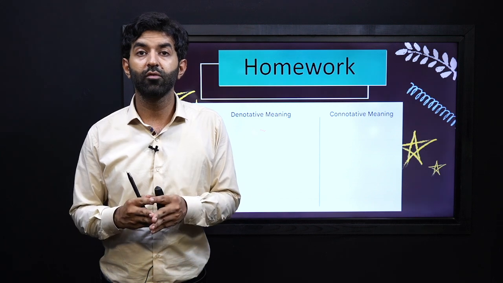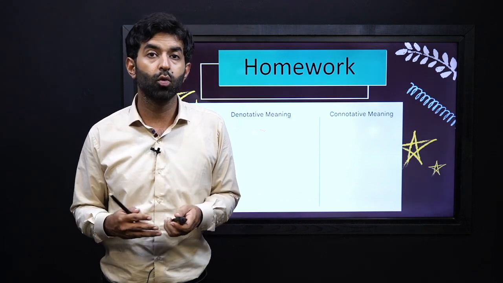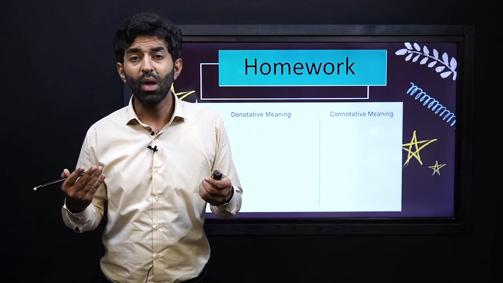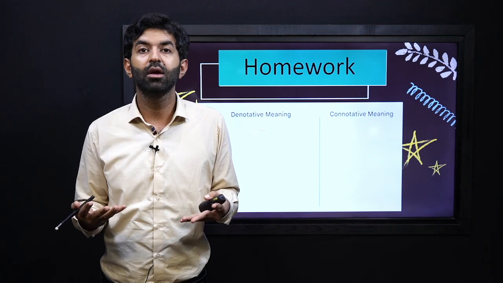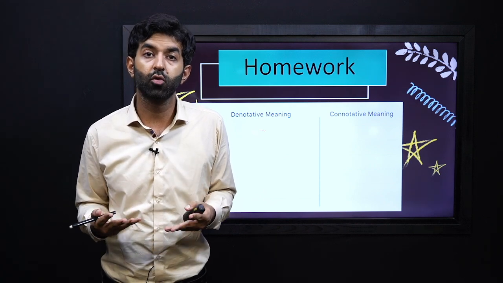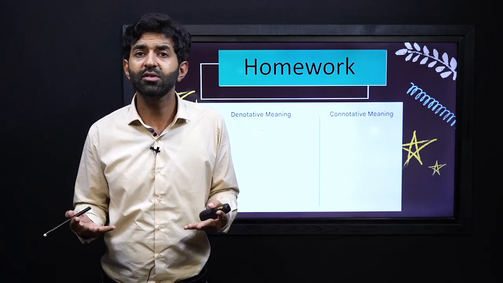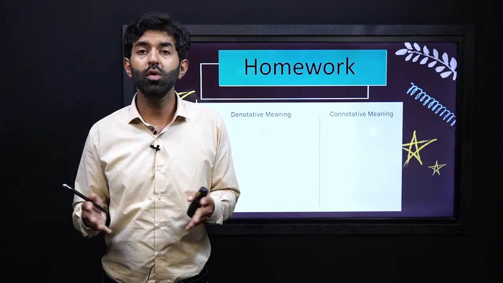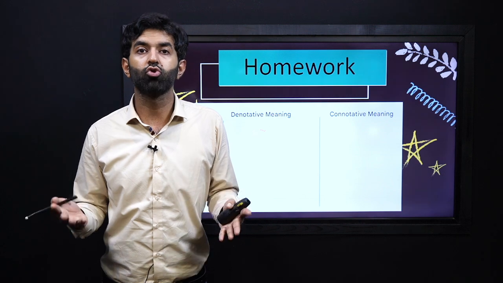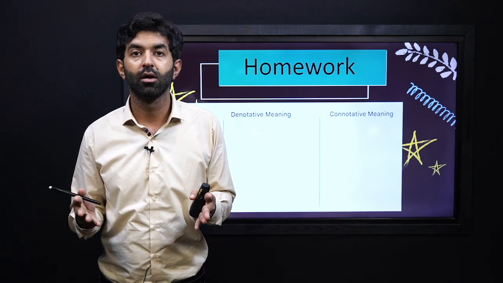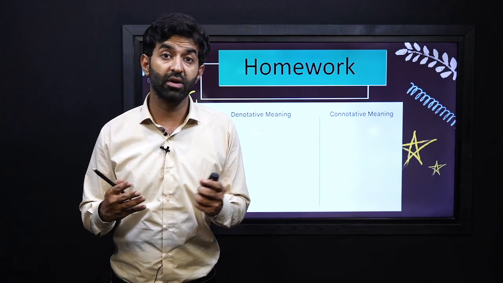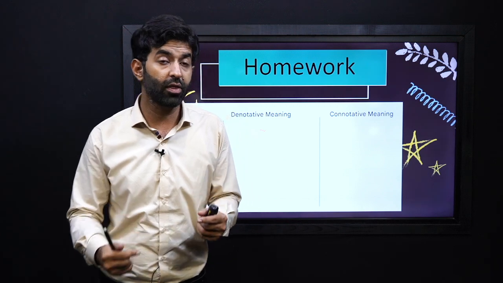This is a word with negative connotation, but the word happy gives us a very exciting and happy kind of feeling. So this is a word with positive connotation, and there are some words that have no connotation. They have neutral connotation. For example, the word pen. So you can find them out. You can write all this information with the words as well.